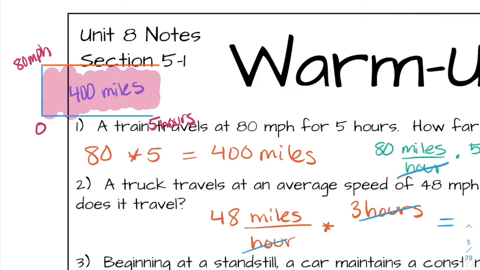So we can actually use area to determine our rates and our units, like miles. So 80 times 5, the area of that is 400, therefore it's 400 miles.